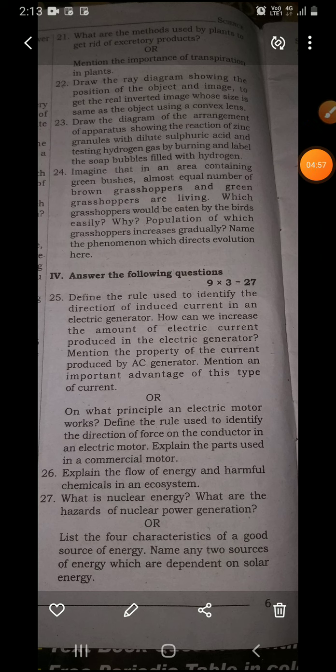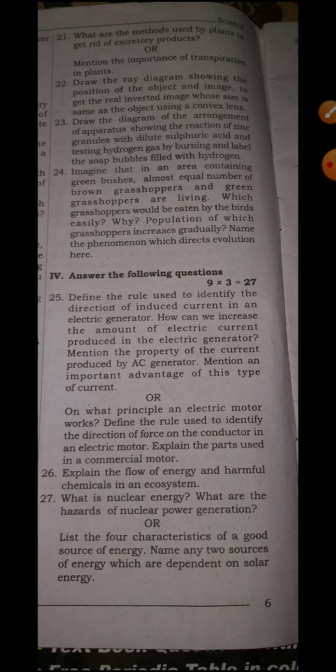In the 21st question you can see: what are the methods used by the plants to get rid of excretory products? And there is one more question: mention the importance of transpiration in plants. There are two questions, right?